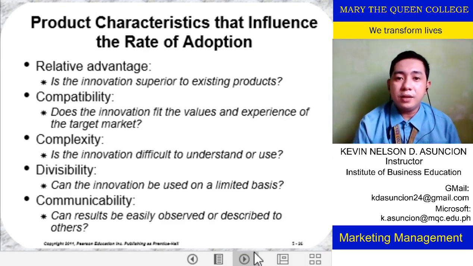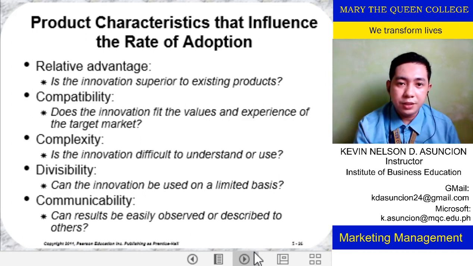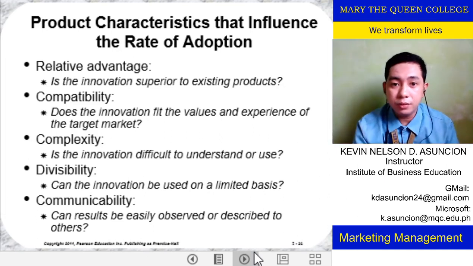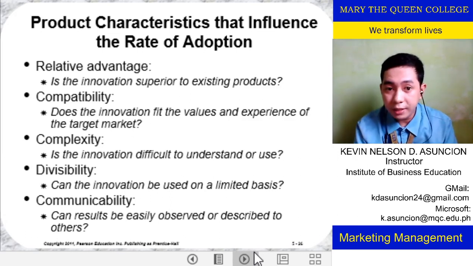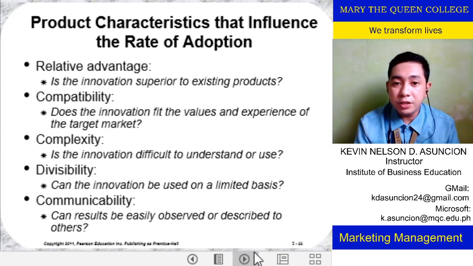So, the product characteristics that influence the rate of adoption are, of course, whether the innovation is superior to the existing product, the relative advantage, if the product is good. Then compatibility: does the innovation fit the values and experience of the target market? Is the innovation difficult to understand or use? That's the complexity.